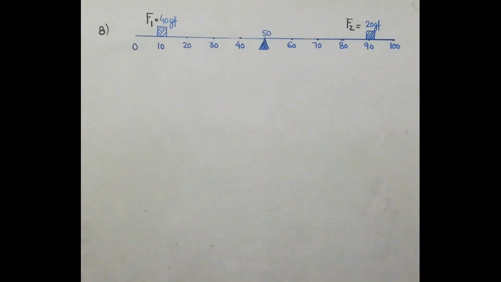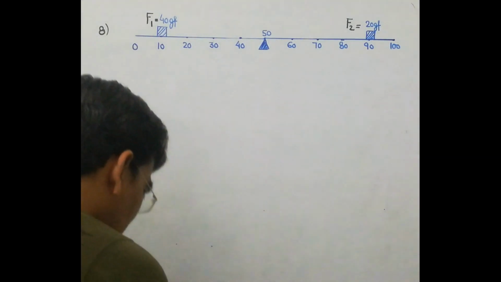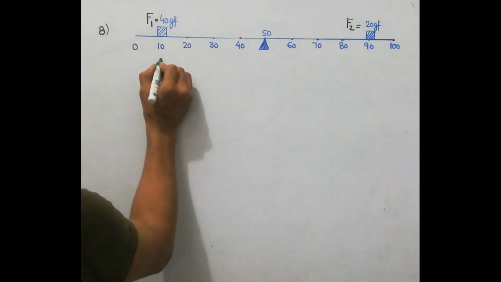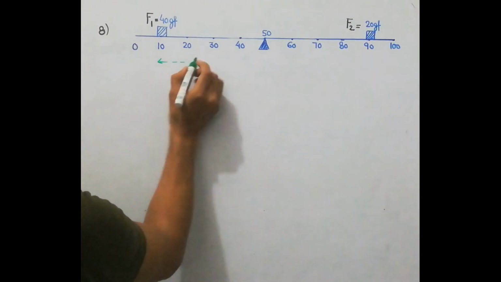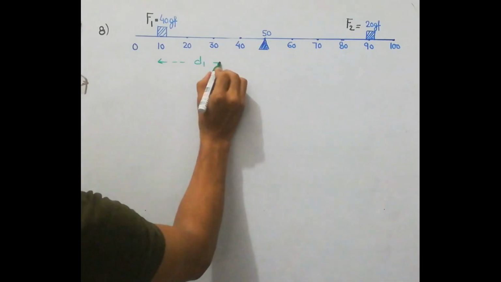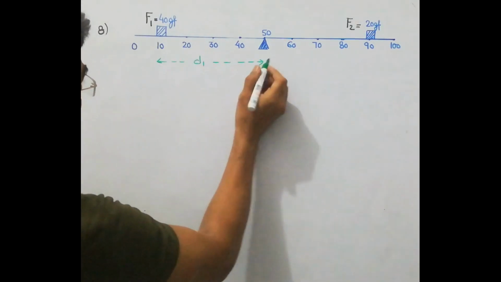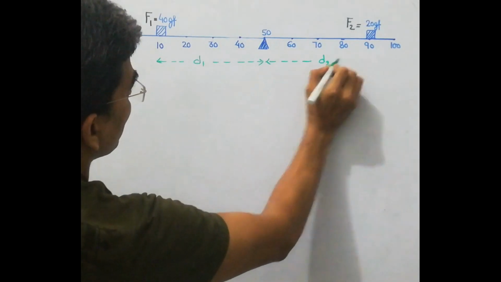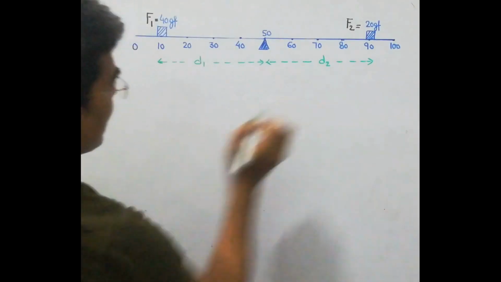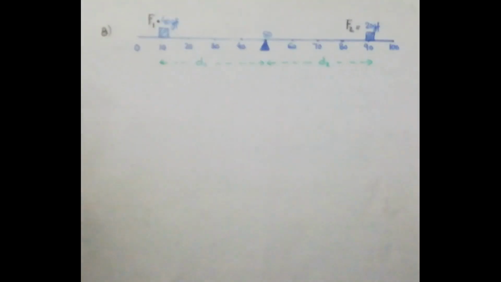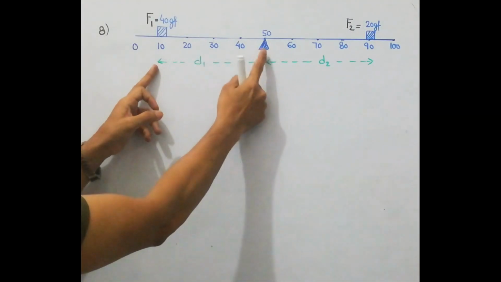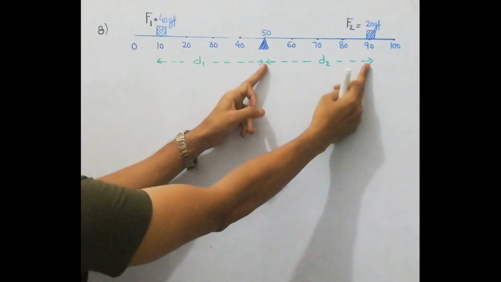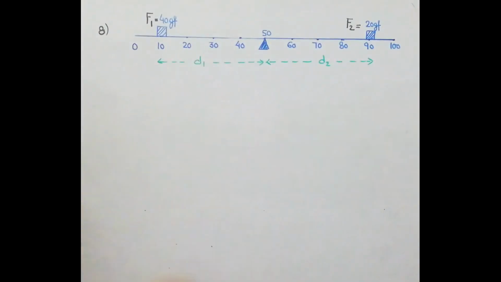So how much will be D1 here? This will be D1, this distance, and similarly this will be D2. So D1 is from 50 to 10, that is 40, 50 minus 10. And this is D2, 90 minus 50.